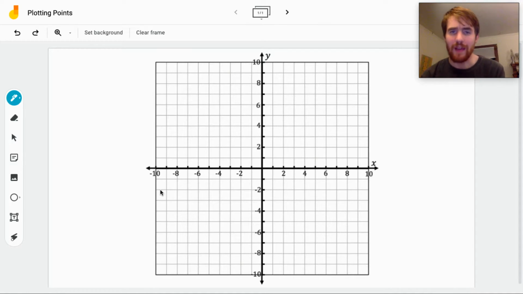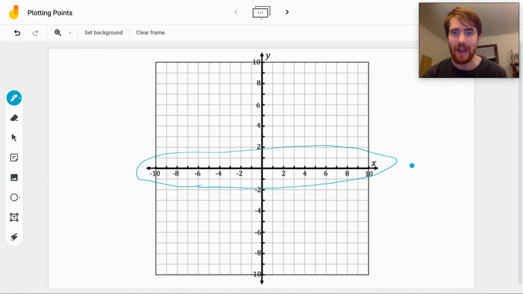So what we have in front of us, of course, is the coordinate plane. The coordinate plane is a plane. That means it goes on forever in all directions. It's a flat surface. And we can see that this coordinate plane and all coordinate planes have two key lines that divide it up. The first line, the x-axis, that's the one that goes across.